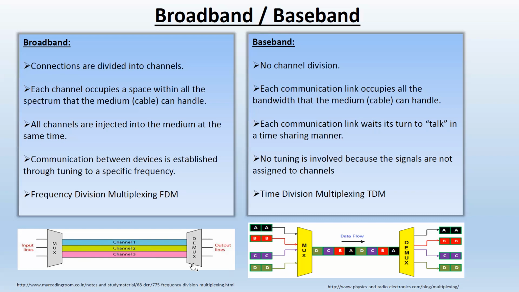The purpose of the demultiplexer is to fish out specific frequencies and direct them to specific channels, or maybe one channel if it's a car stereo, which is a simple demultiplexer. So that's the broadband. In this case, the link or cable needs to have as much bandwidth as possible.